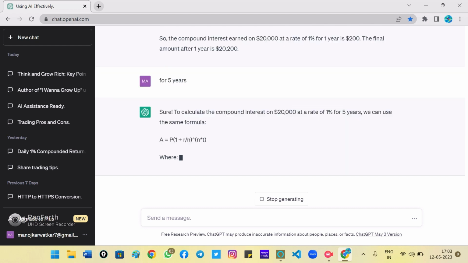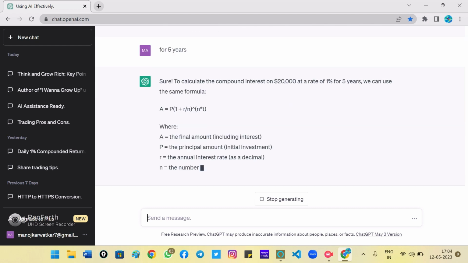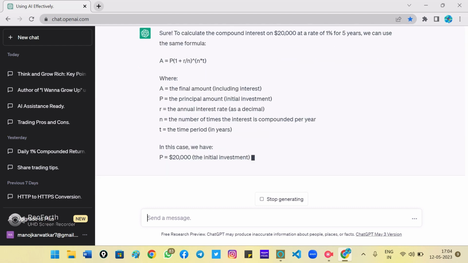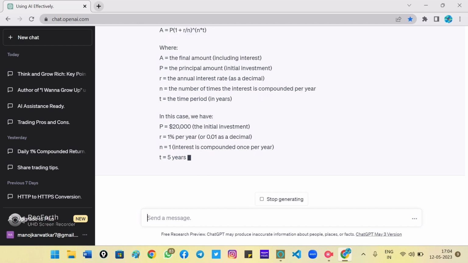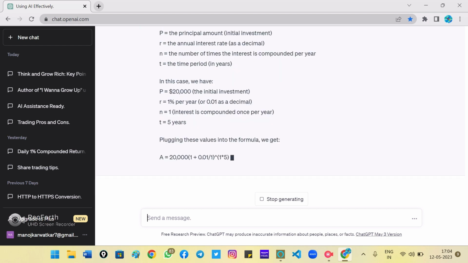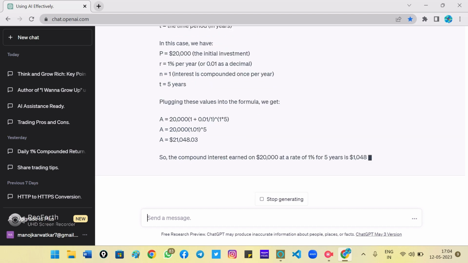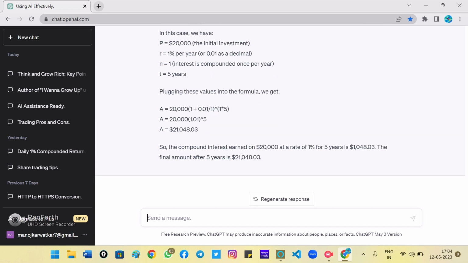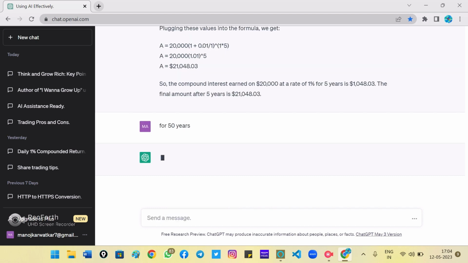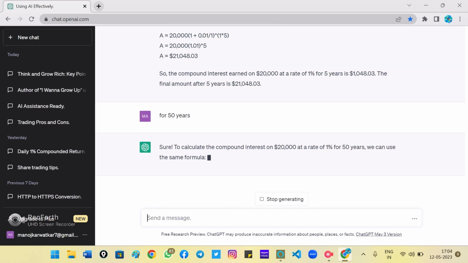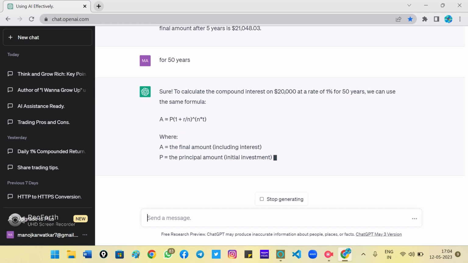See now, same information, and then for 5 years. That means the last question or query that I asked, it memorized, and from that very point it started computing, right? So it is 21,048.03 rupees. Okay, now first for 50 years, and then for the 50 years.